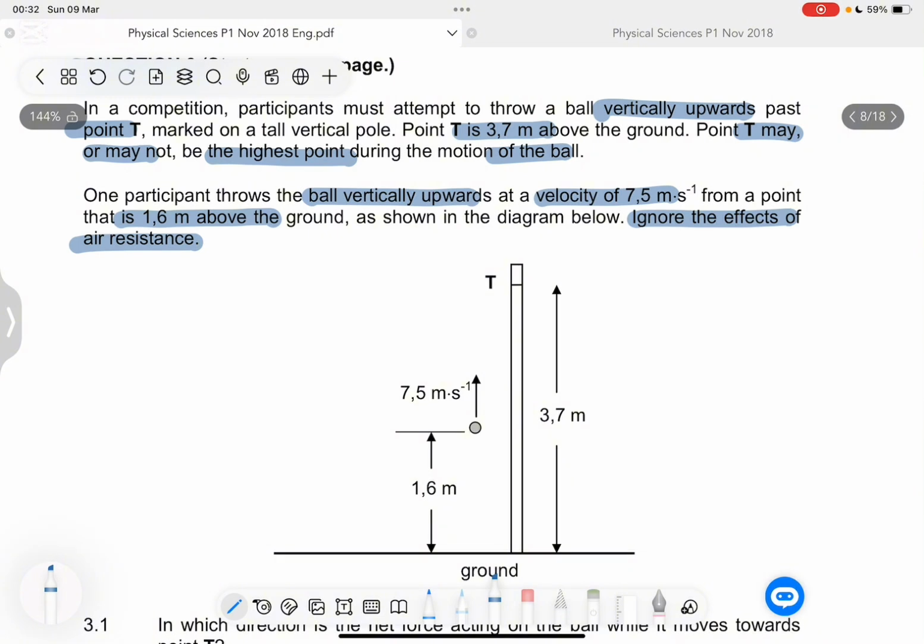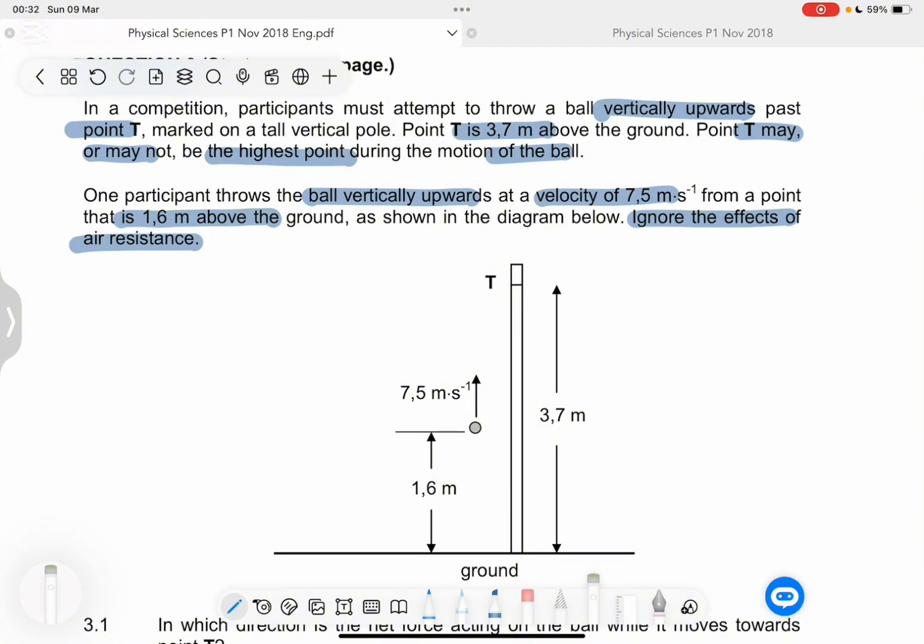We are told that we have a competition where they have designed a pole, and that pole is marked here with T at a height of 3.7, meaning from here to that mark we have a height of 3.7 meters.